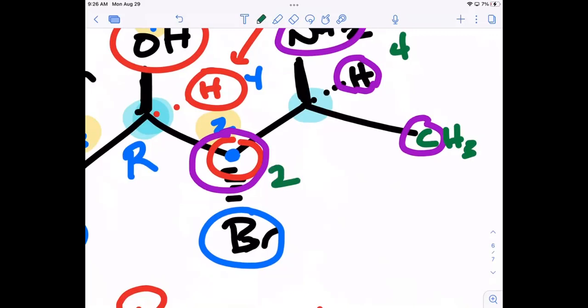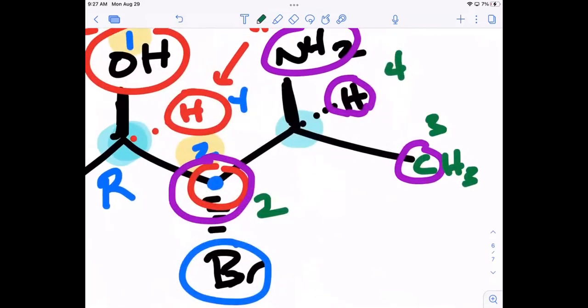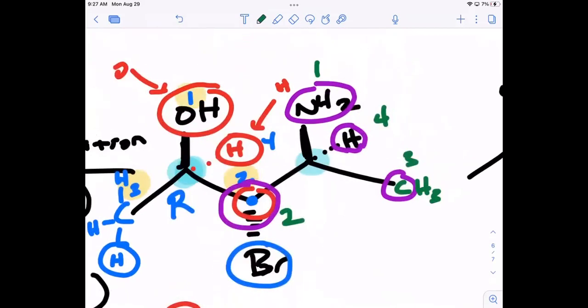The reason it's 2 is because when you have 2 atoms that are identical and have the same atomic mass, you have to go to the next atom until you reach a point of difference. The point of difference is the bromine. You don't have to keep going all the way out. The first point of difference you reach, that's where you can stop. So the carbon with the bromine attached is 2. That makes this 3.